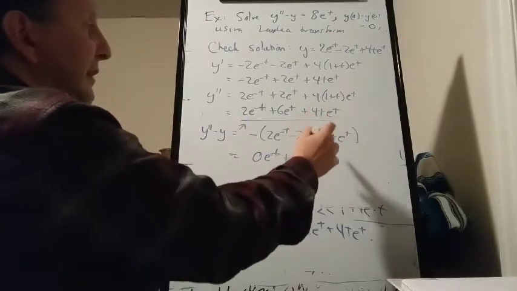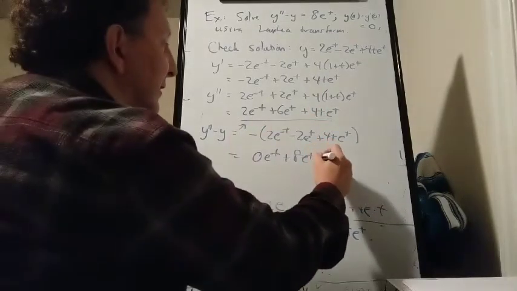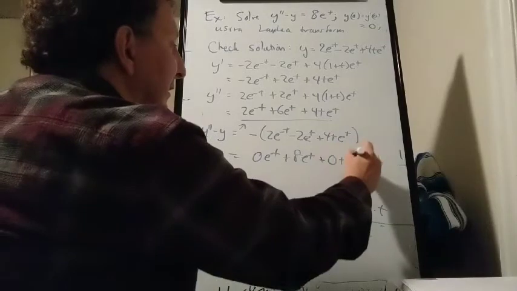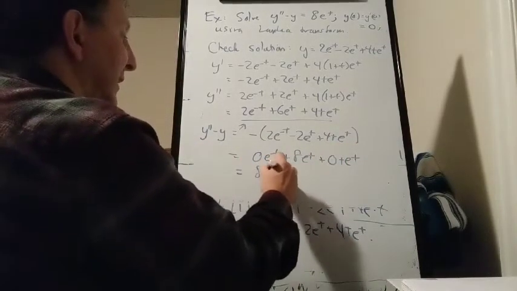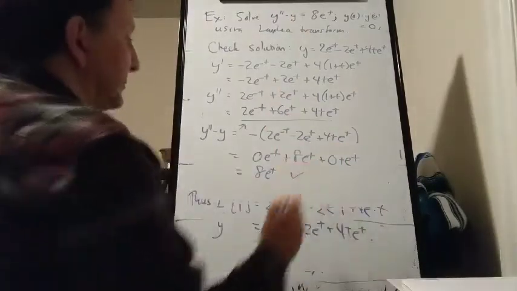And then 4t e to the t minus 4t e to the t is 0t e to the t. So we got 8e to the t, which is what we're supposed to get.